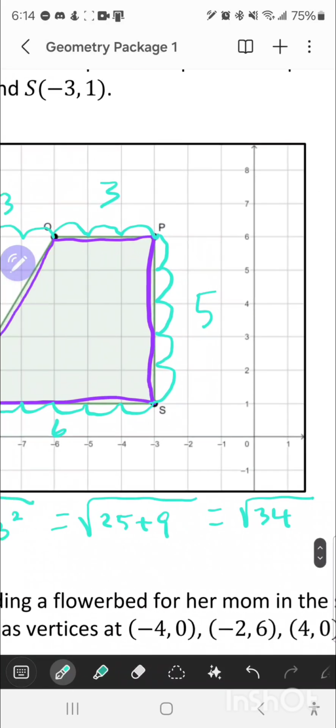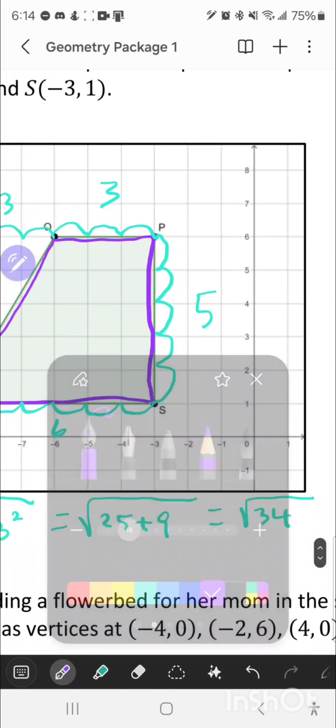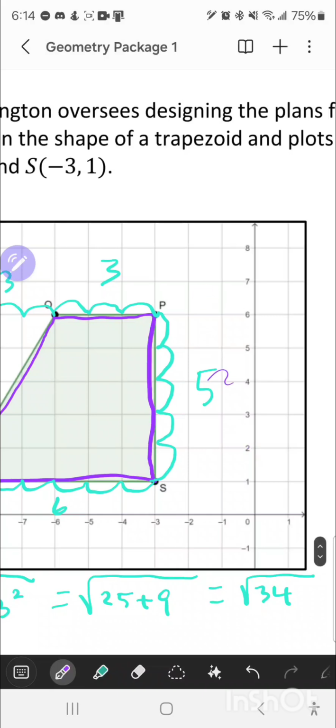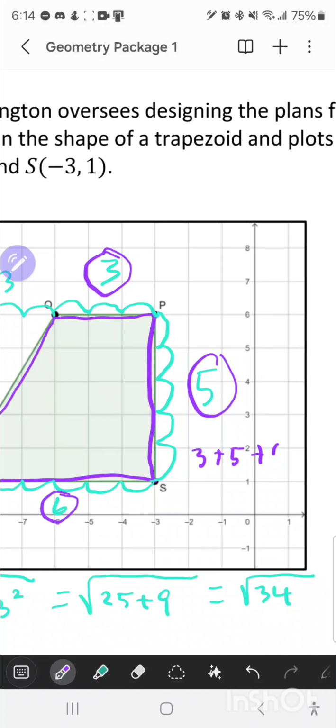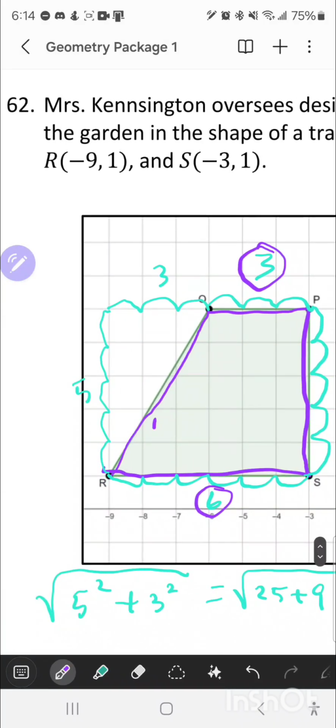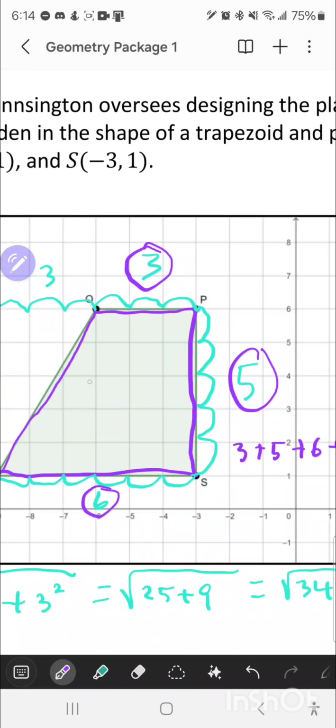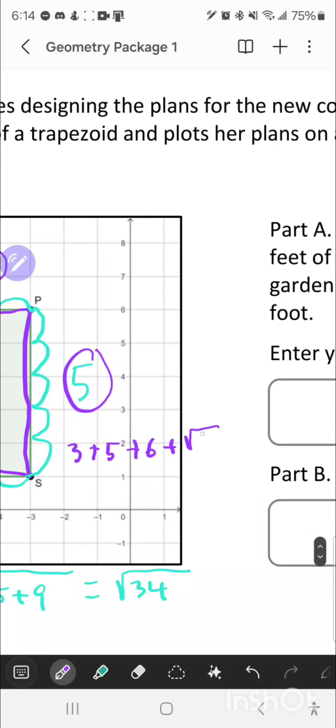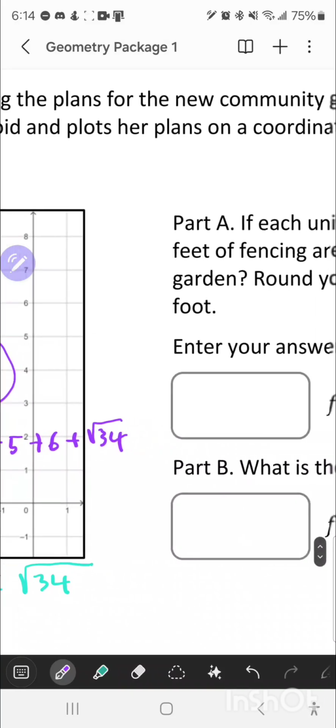To calculate our perimeter, we say 3 plus 5 plus 6 plus this side, which is the square root of 34.